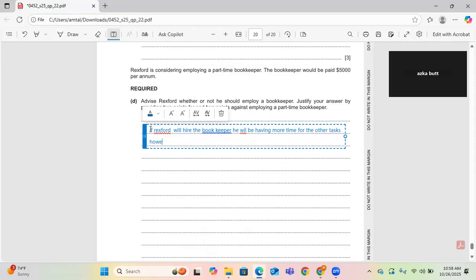However, expenses will increase since Rexford has to pay 5,000 per annum to the bookkeeper.